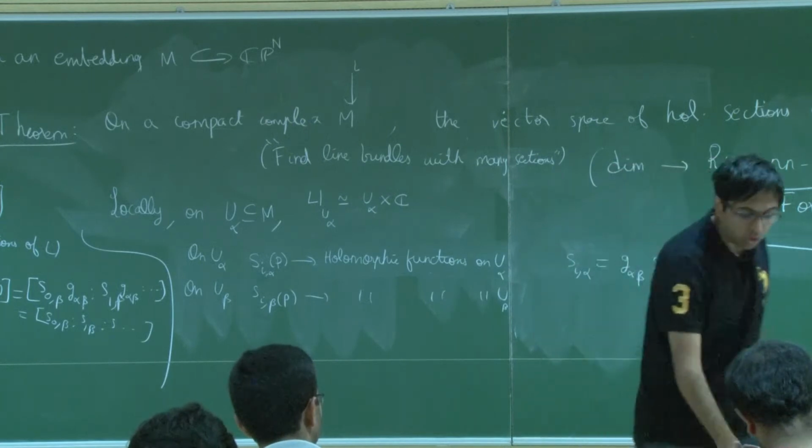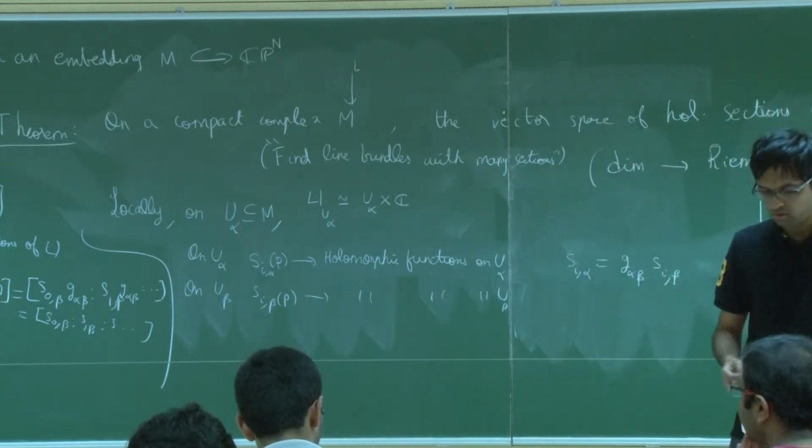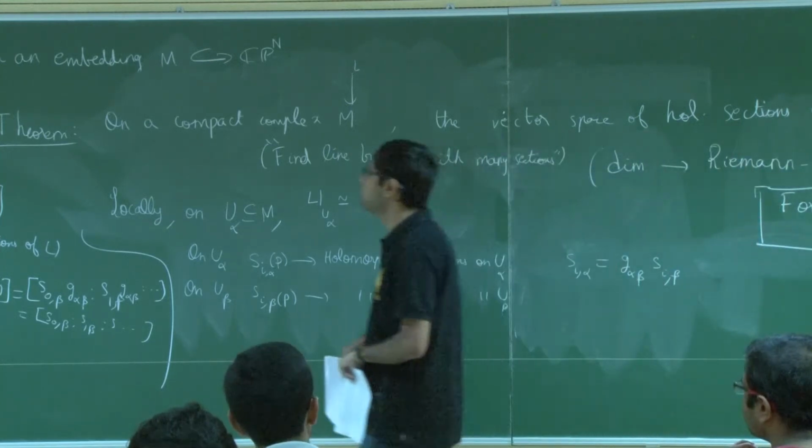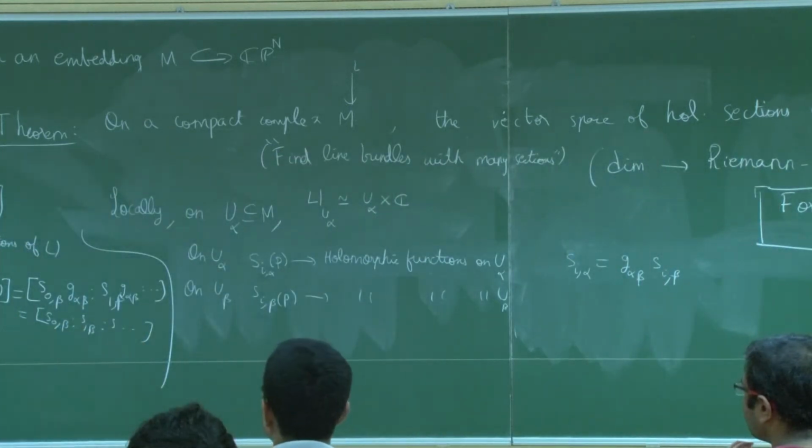Now, one can say that one has identified one criterion. I can just say that the Kodaira embedding theorem is: if there exists a line bundle so that this map is an embedding, you're done. But that is not good enough, right? I need to come up with a better criterion. I want a differential geometric criterion.